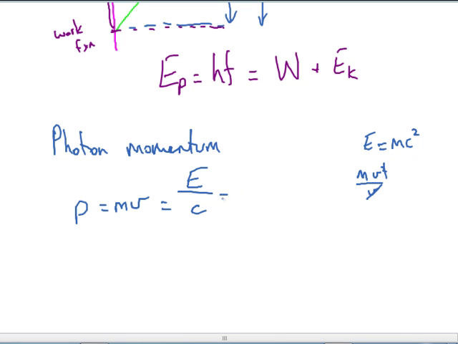Rearranging that, we know E is hf over c. f over c is the same as 1 on lambda, so we've got h over lambda. So we've got multiple different equations here that we can use and manipulate and vary depending on what the question's asking or what information we're given.